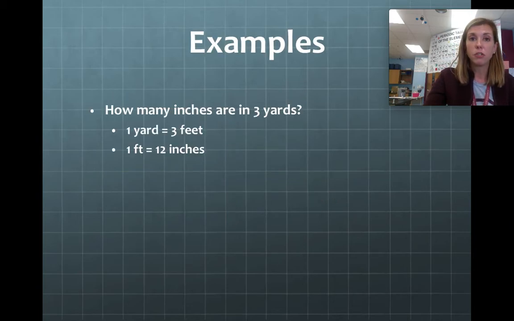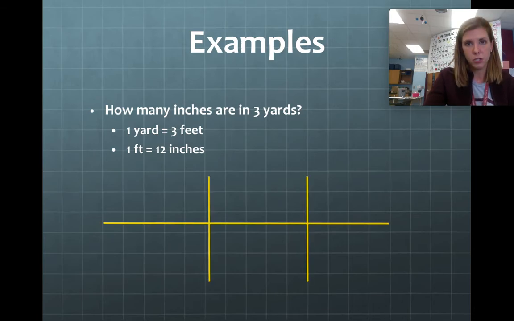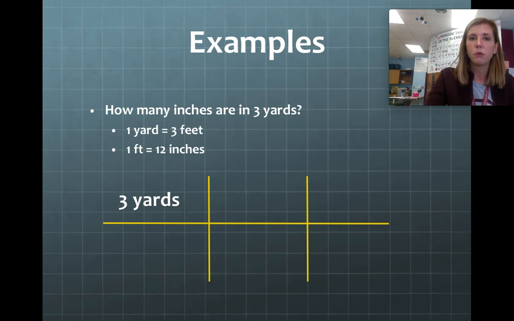But some conversions require more than one conversion factor. So how many inches are in 3 yards? I'm going to still have a T-chart, but it's going to be a bigger T-chart. I still put my given in the first box, 3 yards. I'm going to cancel out those yards below, but I don't know how many inches are in a yard, but I do know how many feet are in a yard.